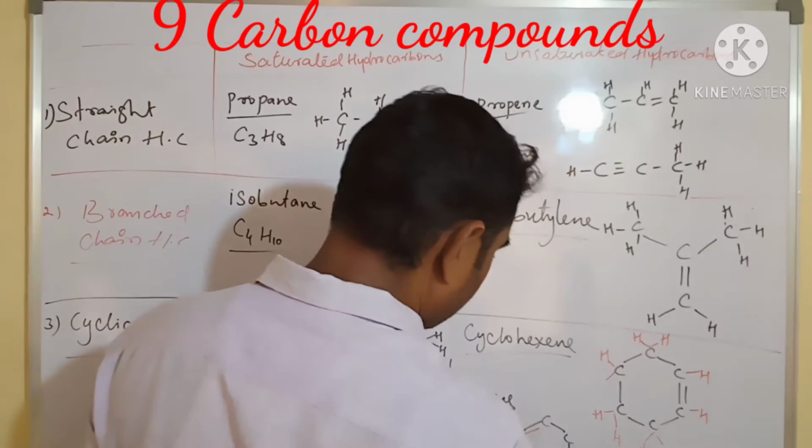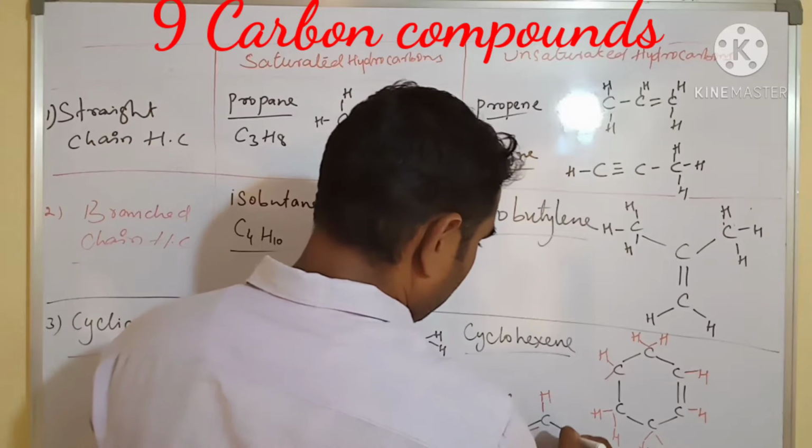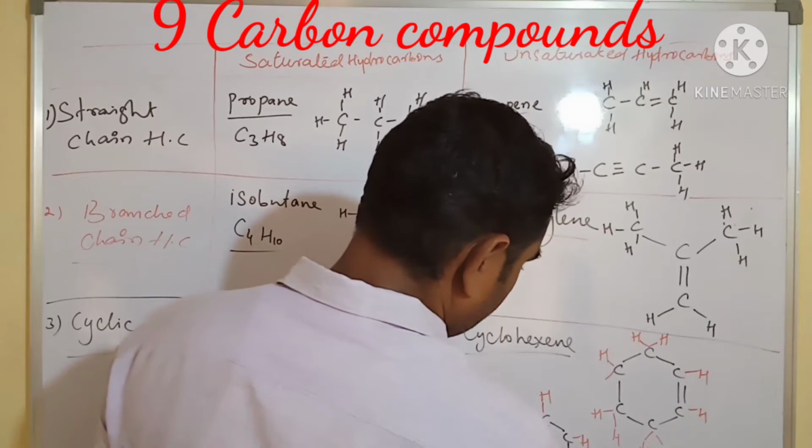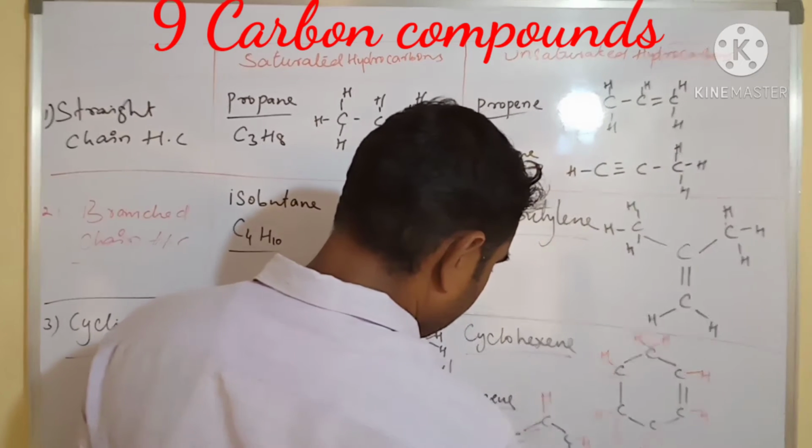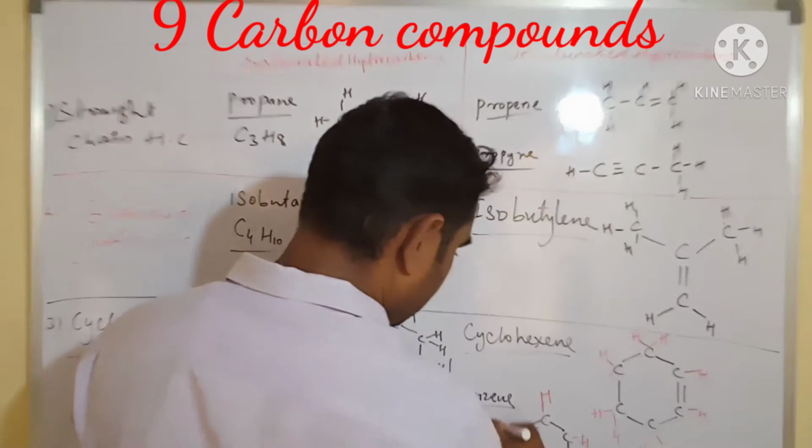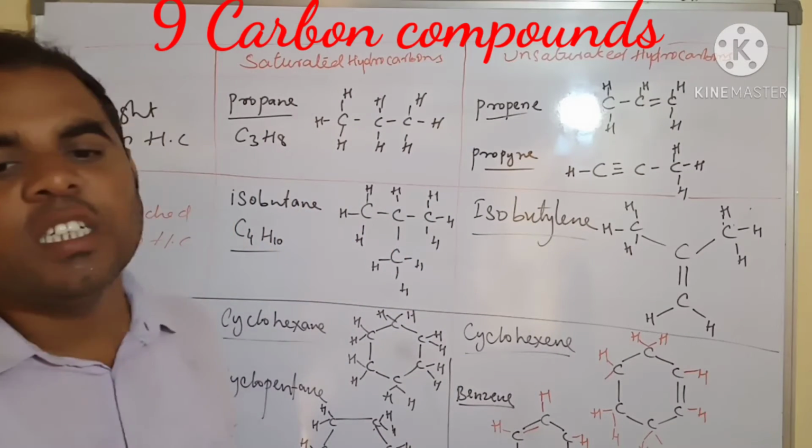On each carbon there is 1 hydrogen. This is the benzene structure.